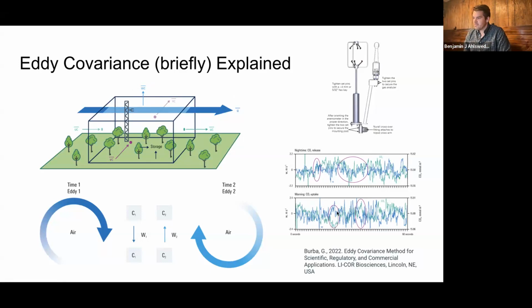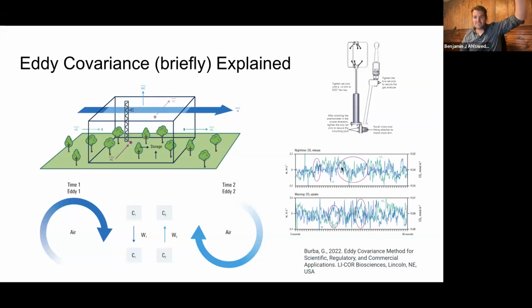This is all taken straight from the eddy covariance book by George Burba, where you can see in the topmost plot, this is a nighttime CO2 release signal, where the wind is moving in a downward direction, and so is the CO2. Okay, so there's more CO2 above the system than there is below the system. Did I say that right? Sometimes I get this backwards.